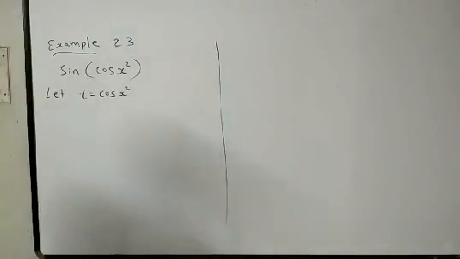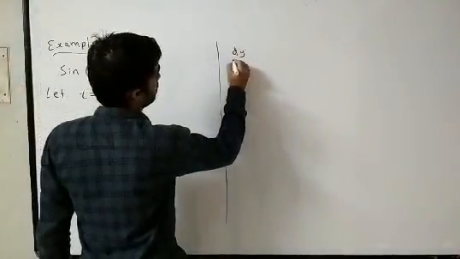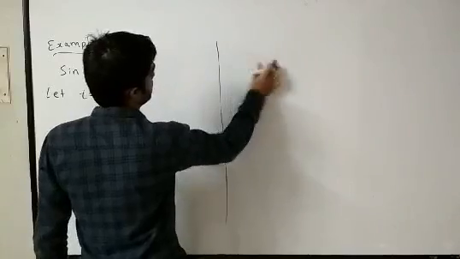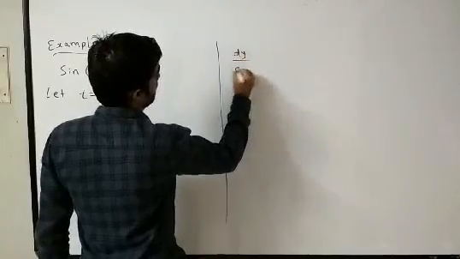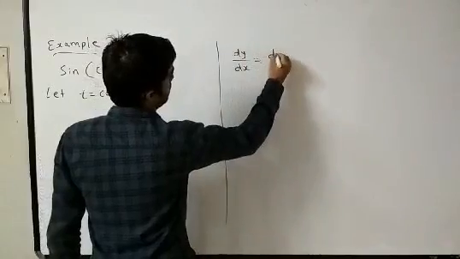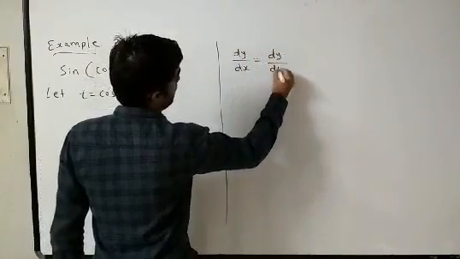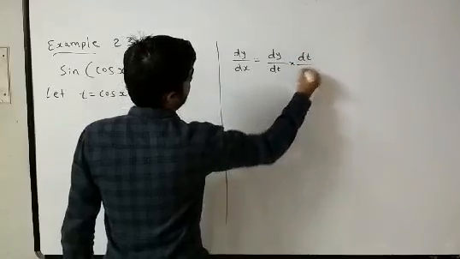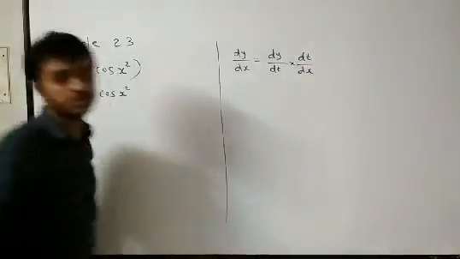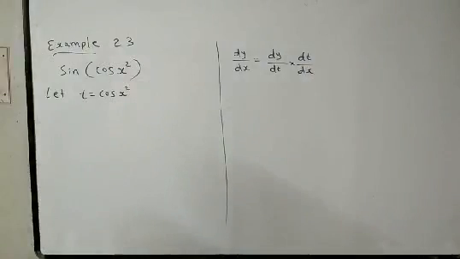Now listen, yesterday we were doing dy by dx is equal to dy by dt into dt by dx.